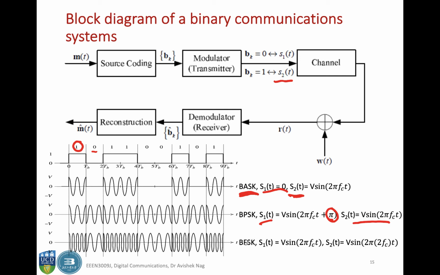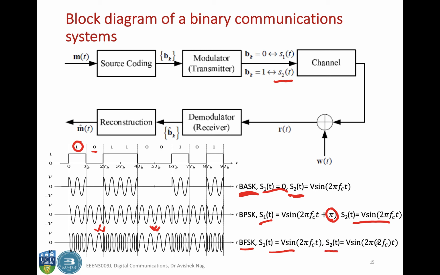Again, in case of binary frequency shift keying, we are sending V sine 2 pi fc t when we have a 0. So your S1(t) is V sine 2 pi fc t. We are sending this particular signal whenever we have zeros, and whenever we have ones we are sending S2(t), which is higher in frequency.